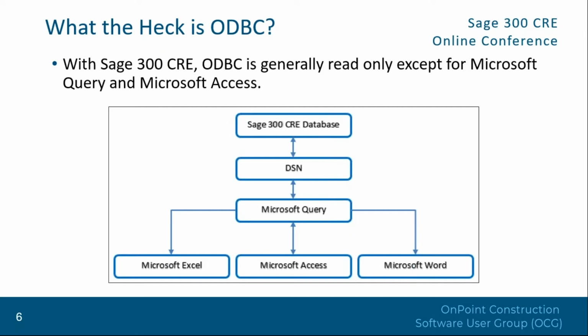Now, I will say after I did this diagram, it is actually a little bit inaccurate. Microsoft Access does not actually go through Query to get to the database. Both Query and Access go straight to the DSN, but the concept is the same. We have two programs that can read and write, and we have two that can read only.